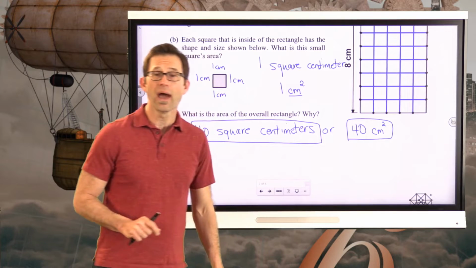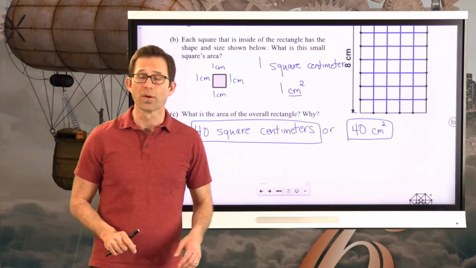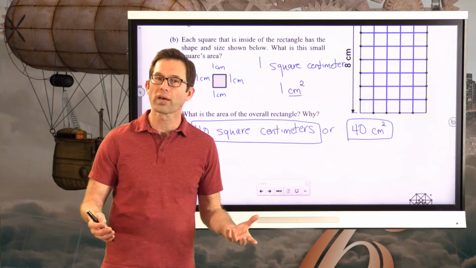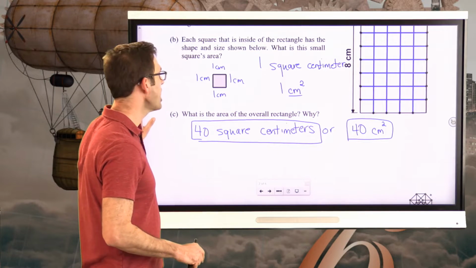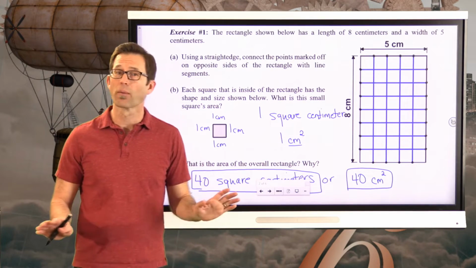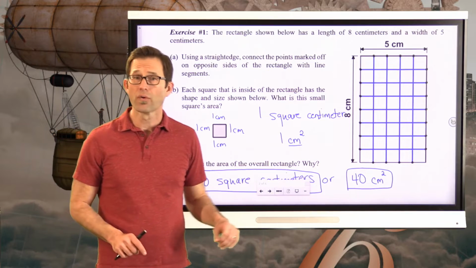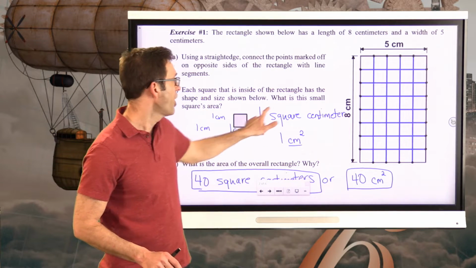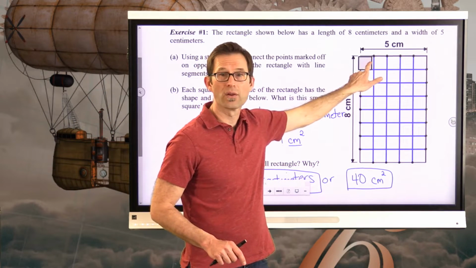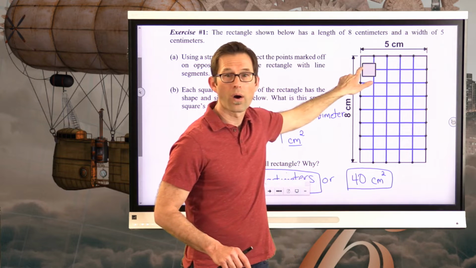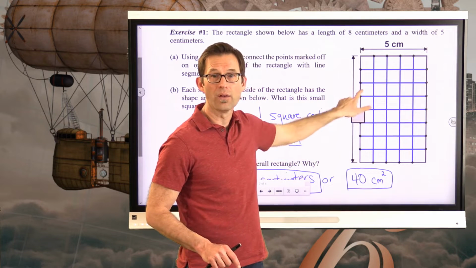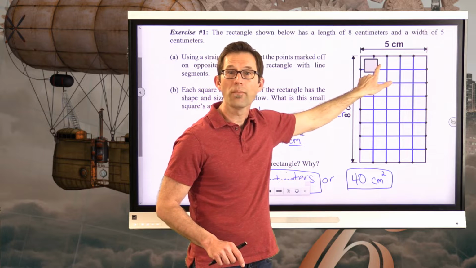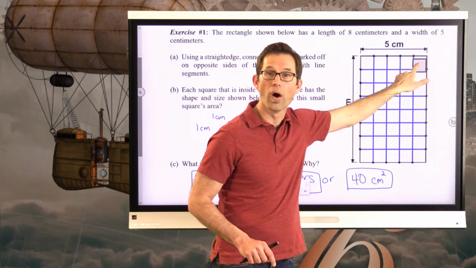All right. Now, why is it 40 square centimeters? How can you think about that rather quickly, right? And again, I don't want any blind memorization of formulas or anything like that. I want you to really understand this. If I look at one of these rows, and I could look at a row or I could look at a column, but I'm going to look at one of the rows, right? How many squares fit in a given row?